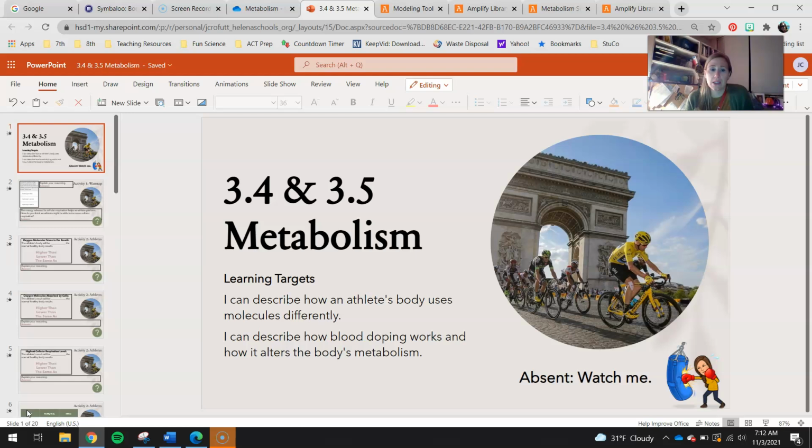So basically, we've been talking a lot about metabolism and how it's our body's use of molecules for energy. And specifically, we've been zoning in on cellular respiration and how we use glucose and oxygen to release energy in the body. In that process we also create water molecules and carbon dioxide molecules, which we breathe out.